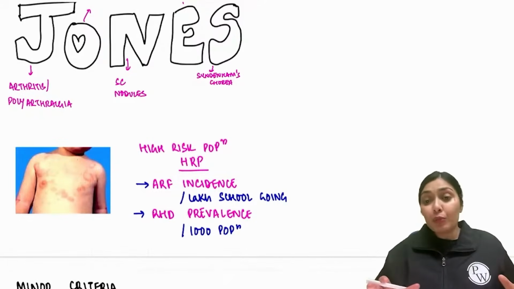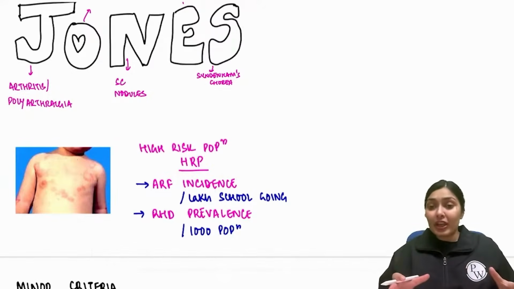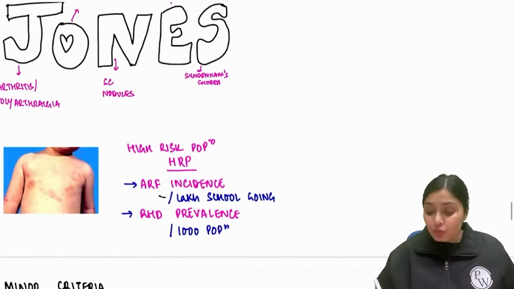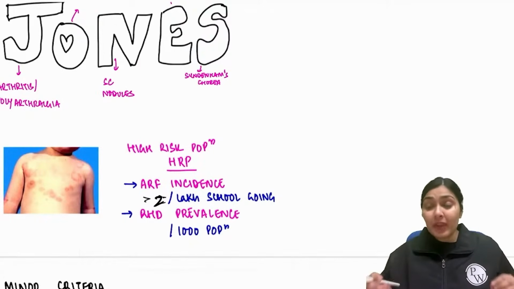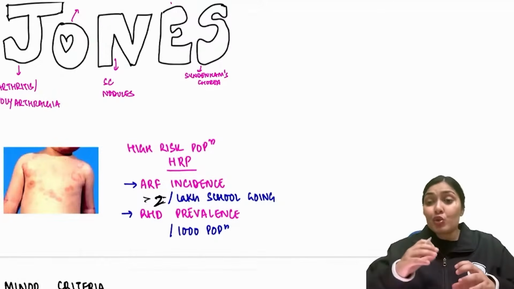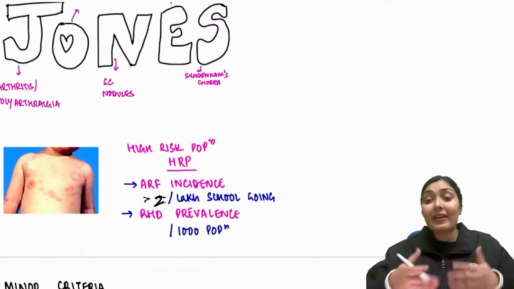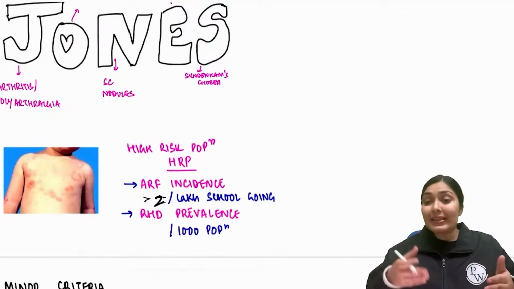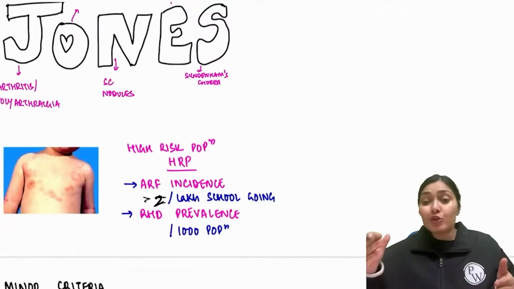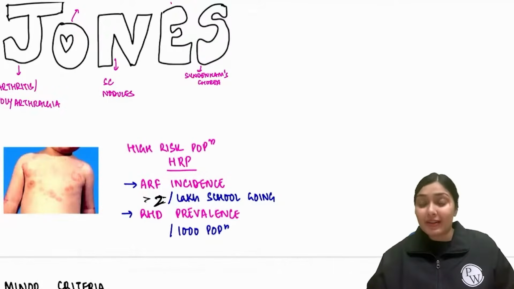In high risk population, the incidence of acute rheumatic fever in school going age is more than 2 per lakh of school going children, or the incidence of rheumatic heart disease. These children with acute rheumatic fever have carditis. So in future, because of this inflammation, because of this carditis, they can have some valve problems, that is known as rheumatic heart disease.